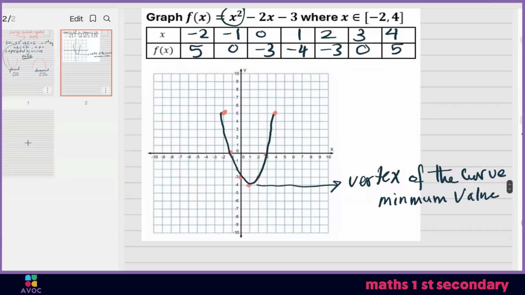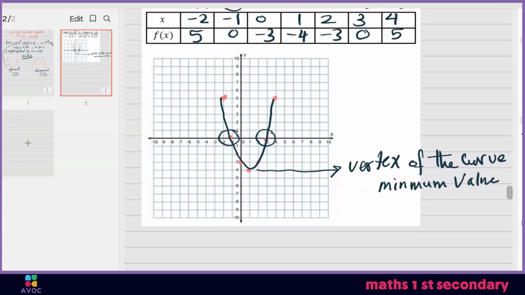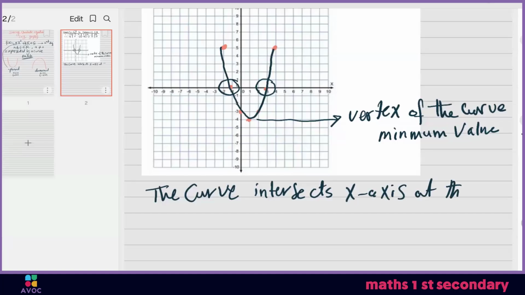Okay. So I want you to determine the intersection points with the x-axis, this point and this point. I can say the curve intersects the x-axis at the points (-1, 0) and also (3, 0).